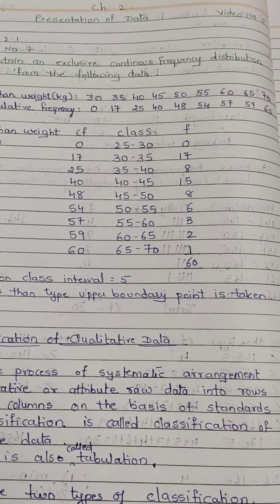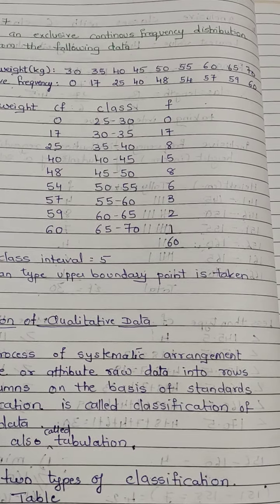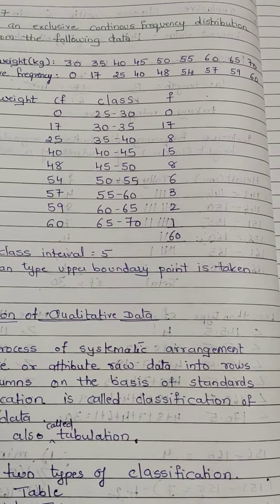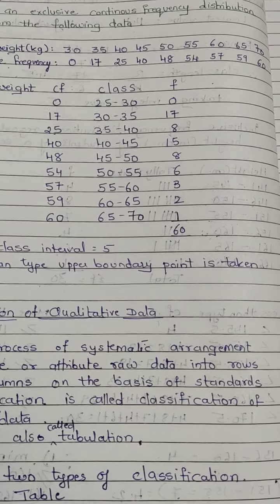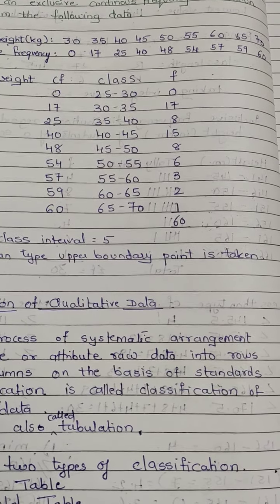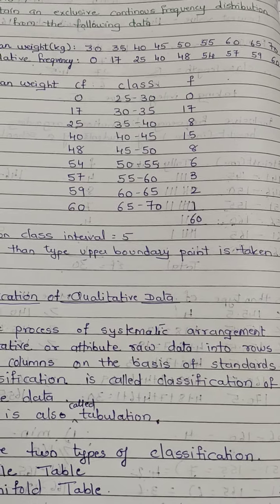The first topic of the chapter, that was classification of variable, we have completed. Now the second part of the chapter, the term attribute, which we have seen in the beginning of the chapter.